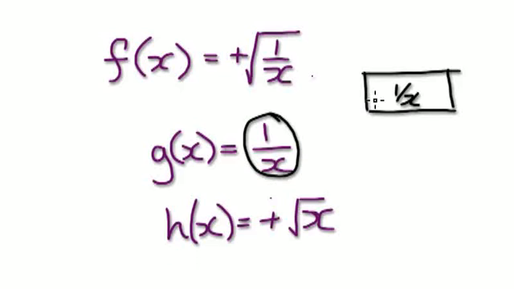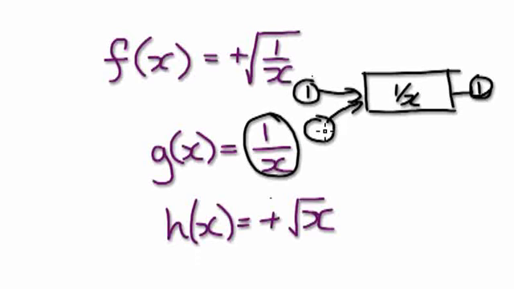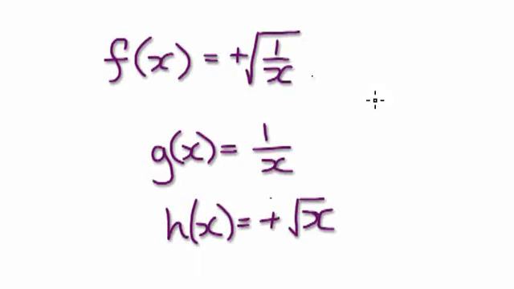If you look at this function here, it's okay if you put the number, let's say 1, into here. So 1 divided by 1 will spit out the number 1. But if you put in 0, then the machine here breaks down. So you can imagine this as being a machine.